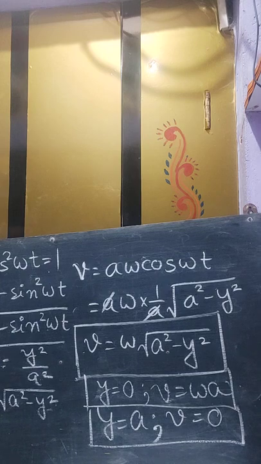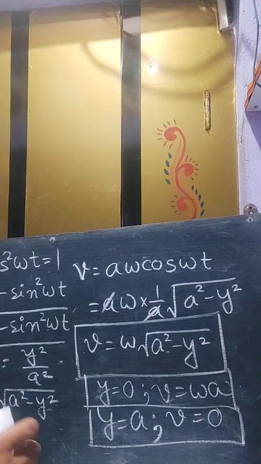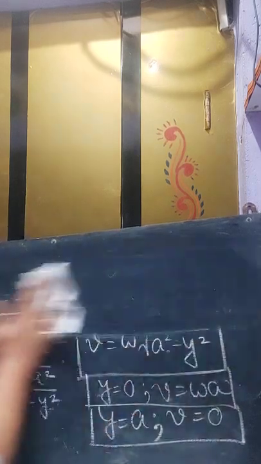Now, coming to the acceleration of SHM. What do you mean by acceleration? The same thing: for acceleration, we all know that the rate of change of velocity with respect to time is known as acceleration. Okay.